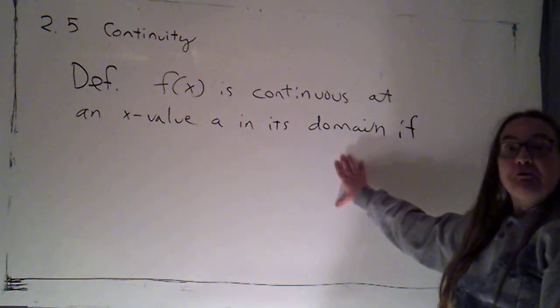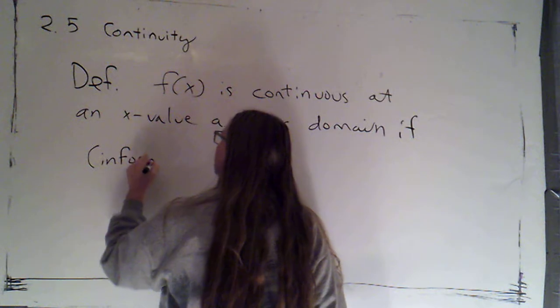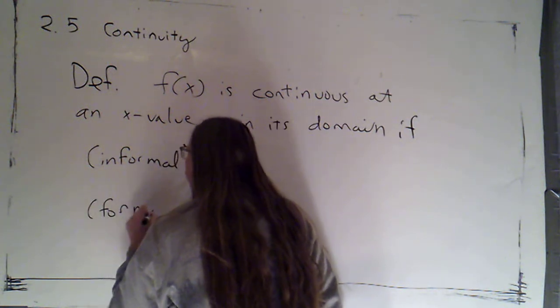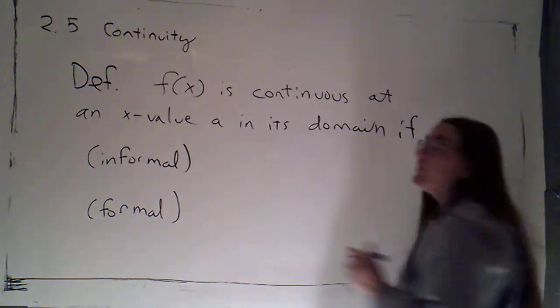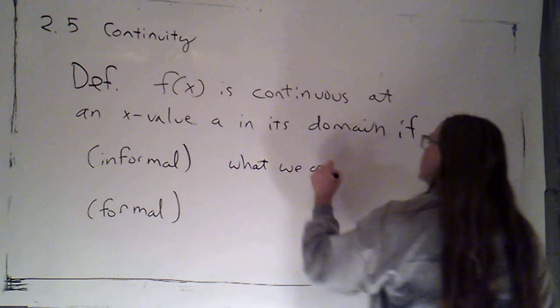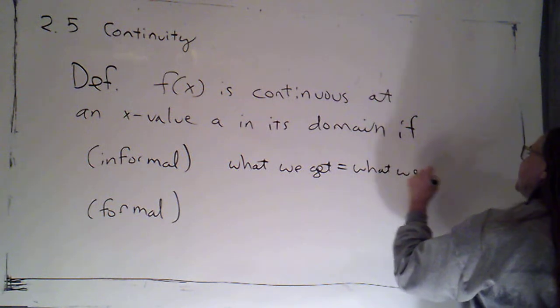Now, I'm going to give you two versions of the definition. I like to start with the informal version and use that to remind me of what the formal definition is. The informal definition just says that what we get is exactly the same as what we expect.